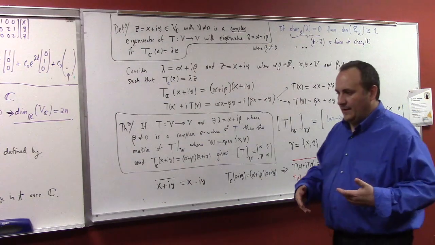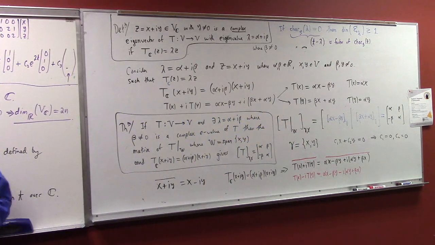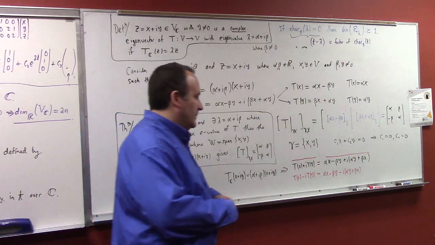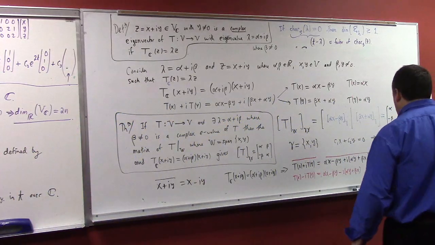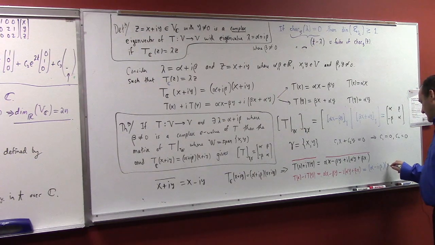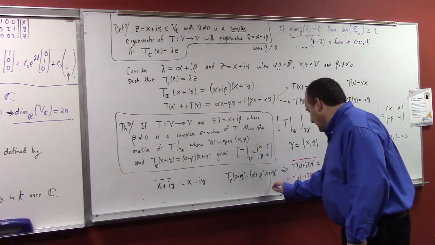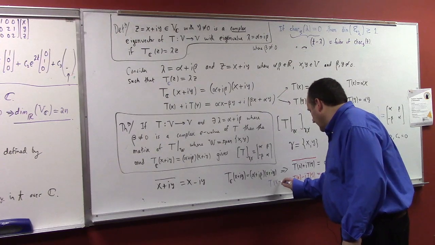And how do I know that's the complex conjugate? Because remember, T of x and T of y are real vectors by assumption. T is a real endomorphism. So this, if you tilt your head and squint, you can see is actually alpha minus i beta times x minus iy. And on the other side, we have T of x minus iy.